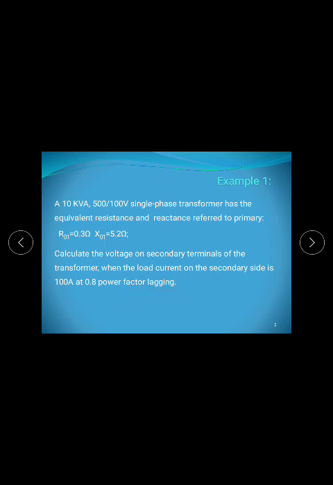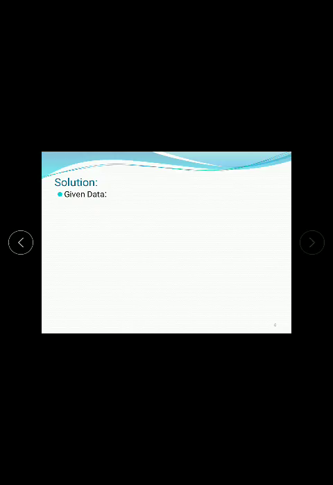Here I2 is 100 amps, cos phi2 is 0.8 power factor, rating 10 kVA, and voltage 500/100 volts, single phase.